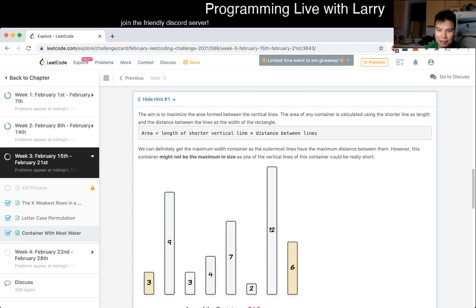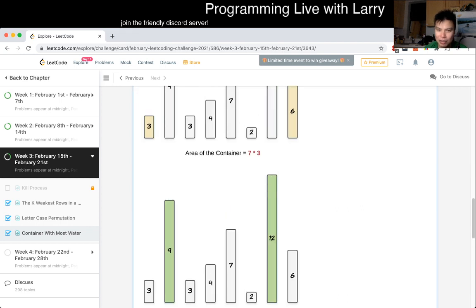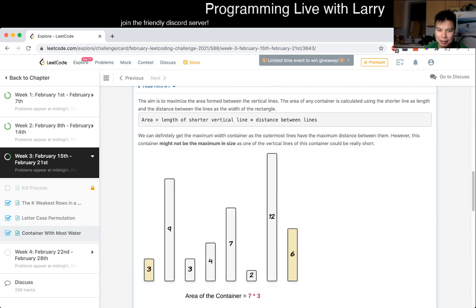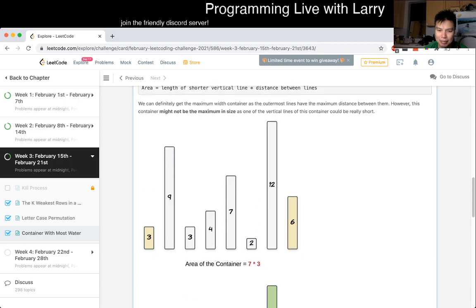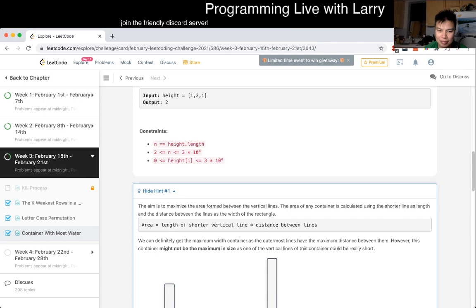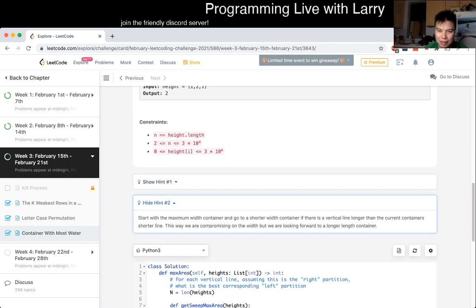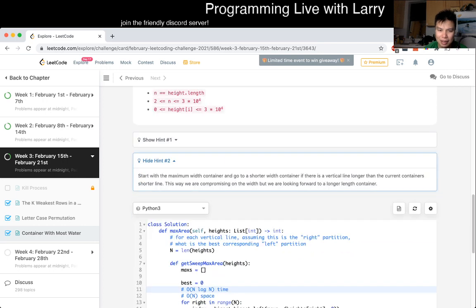Maximize might not be the maximum size. This is a very drawn out hint, but start with the maximum width container and go to a shorter width container. Start with the maximum width container and then go to short.